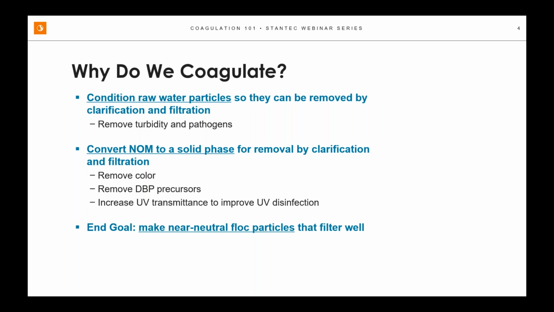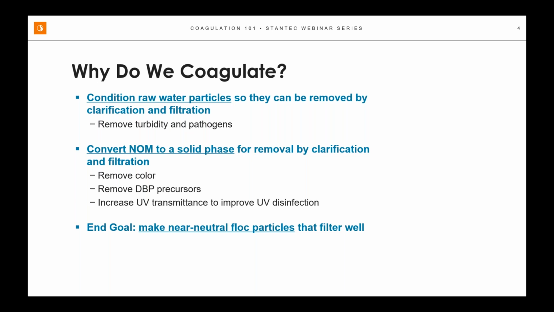The second reason, and one that actually tends to be more important in practice to get things to work well, is that we have to convert all the natural organic matter, all the total organic carbon, that is in that water. We have to convert as much of that as we can to a solid phase so that it can get removed by clarification and filtration. And that might be to remove color.